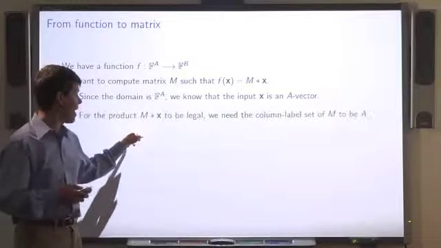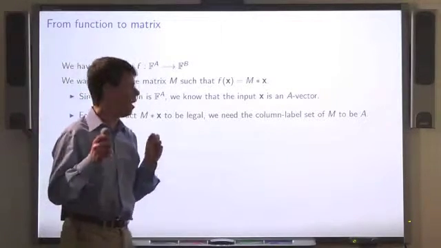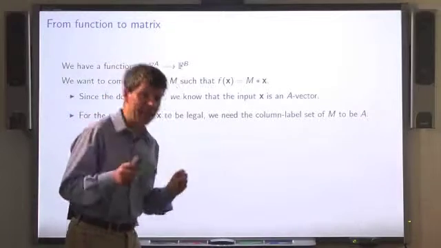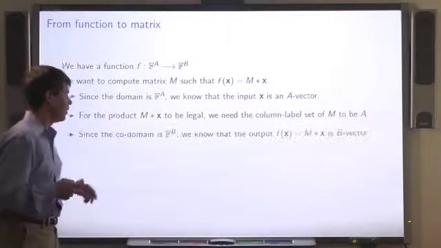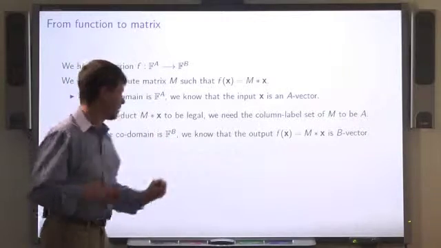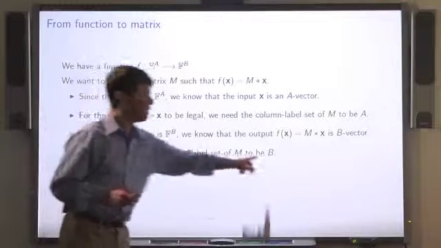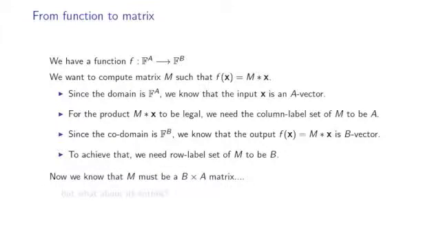So for the product M times x to be even legal, we need the column label set of M to be the set A. Similarly, since the codomain is F to the B, we know that the output is a B vector, and so we need that the row label set of M is the set B. So we know that M must be a B by A matrix.